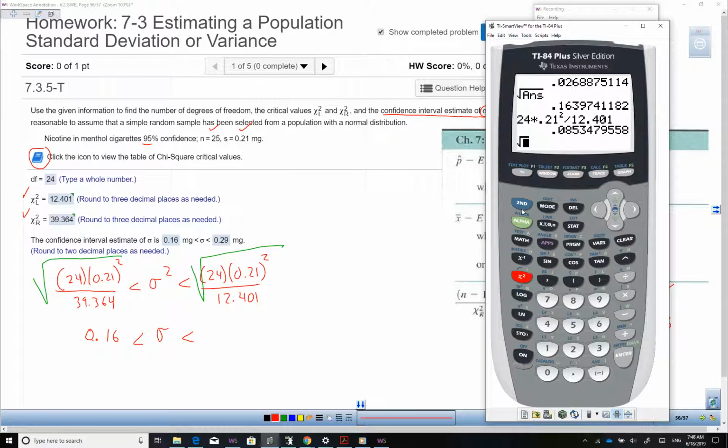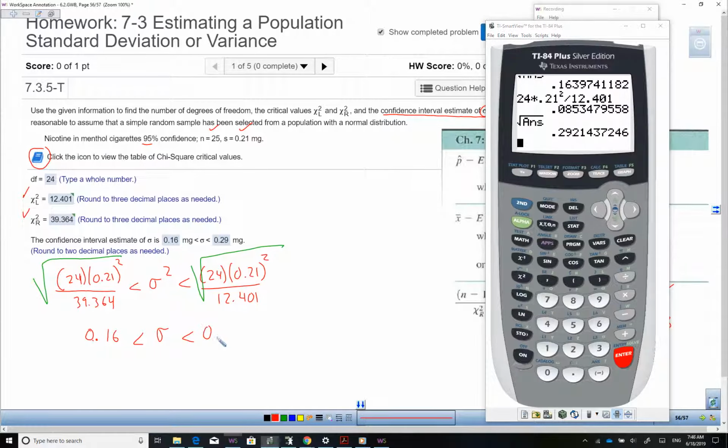So I press second, x squared and second negative to get the square root of this answer. Hit enter, and that's how you get the upper bound here, 0.29, if you round it off to 2 decimal places. And that's how you do this problem.